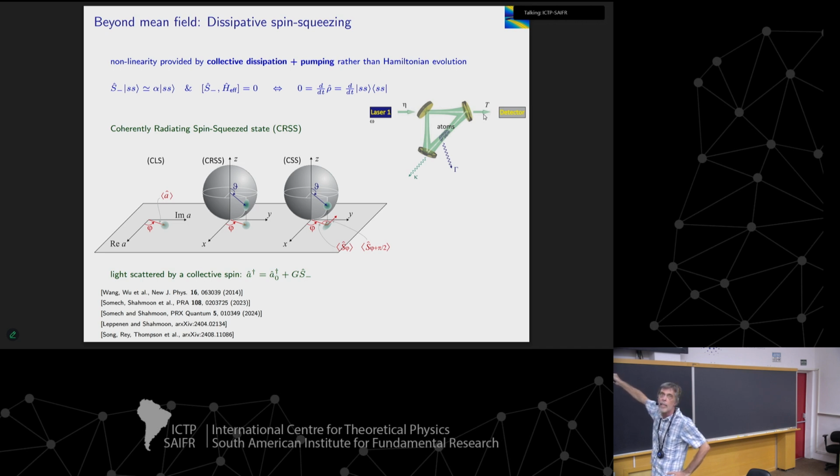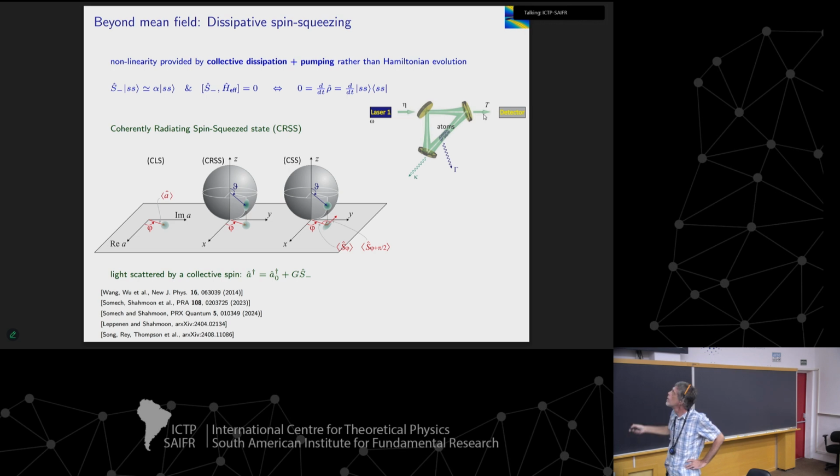And this is a state which comes automatically out of this setup. You also see that the projection of the spin squeezed state on the plane here is round, so it's a coherent state, and this coherent state is nothing else than the quantum correlations of this cavity field.